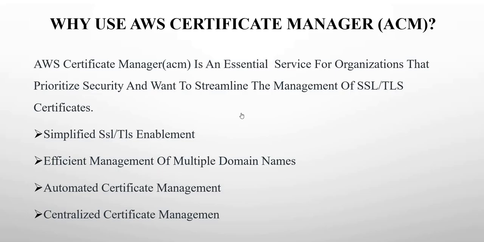The centralized approach makes it easier to manage the certificates, and also it provides better visibility and standardized security practices throughout your AWS infrastructure. And also ACM ensures protection of the certificate's private key with strong encryption, key management and best practices that promote security and compliance. So these are all the reasons we are using ACM, meaning AWS Certificate Manager.